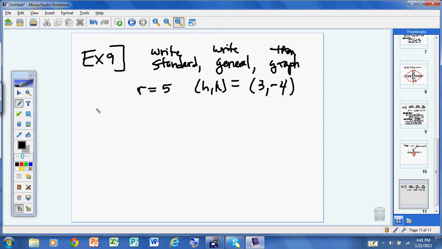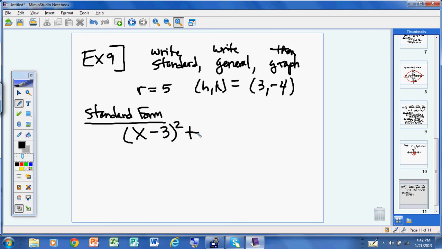Okay, alright, so here's our standard form. We want x minus 3 squared plus y plus 4 squared equals 5 squared, which is 25. Okay, that's your standard form.